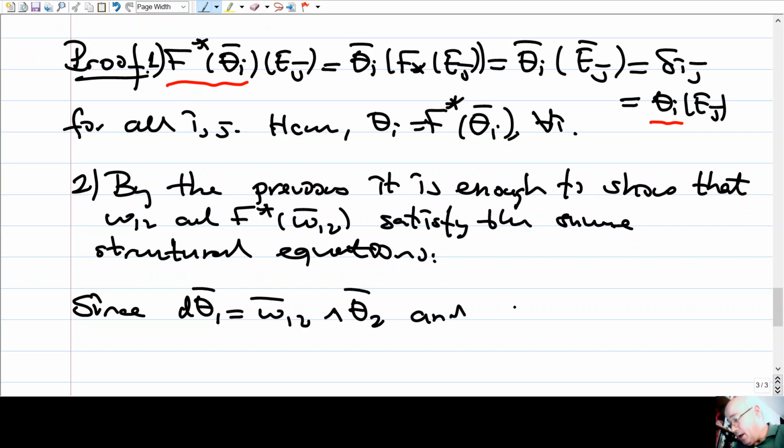We have this, and we have similarly this from the structural equation for the surface M bar.